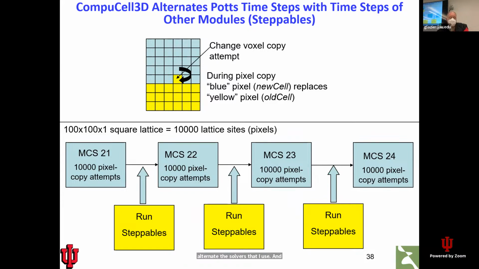And that works provided that the time steps are fairly small. If you try too big time steps, that becomes numerically unstable. But trying to do something fancier tends to be impractical. And so when you have steppables, they will run in between the movement steps of the simulation.